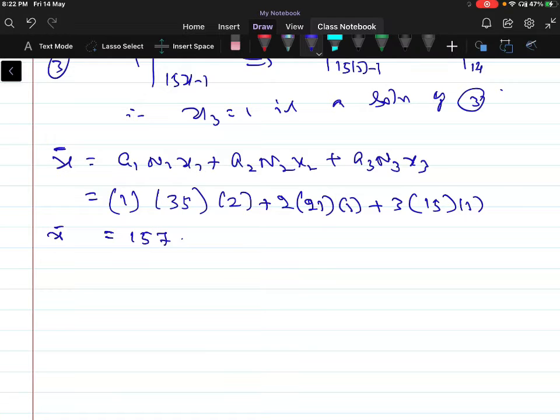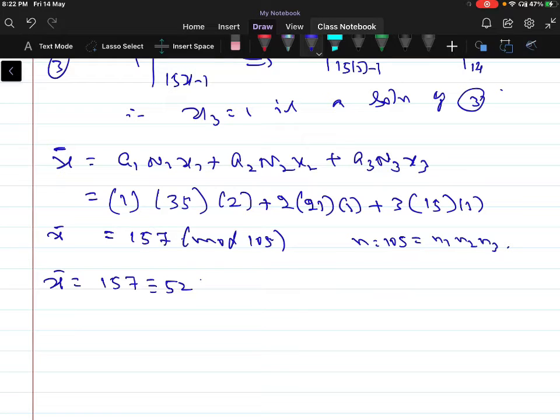So x bar equal to 157 is a solution of the congruence modulo 105, where n is 105, that is n1 into n2 into n3. So x bar equal to 157 is congruent to 52 modulo 105, since 105 divides 157 minus 52.